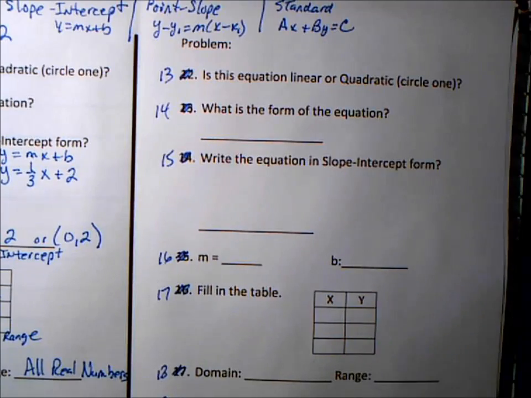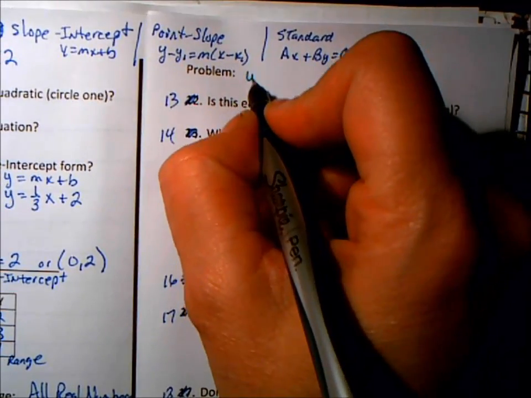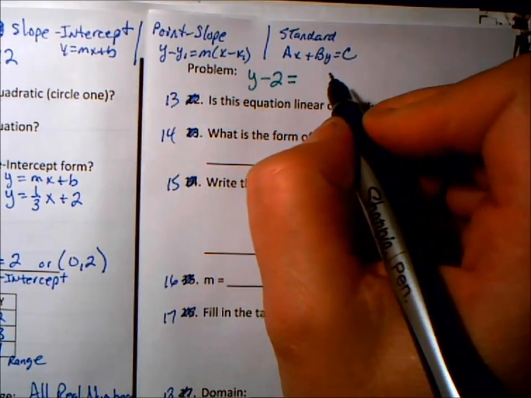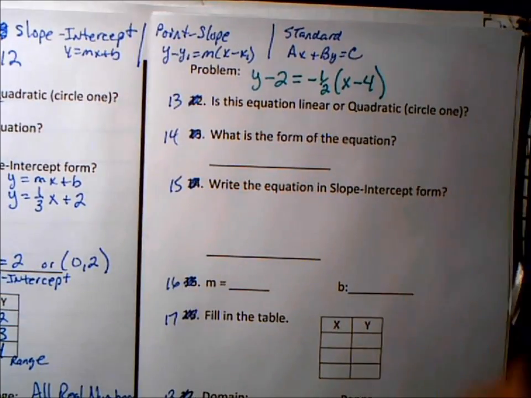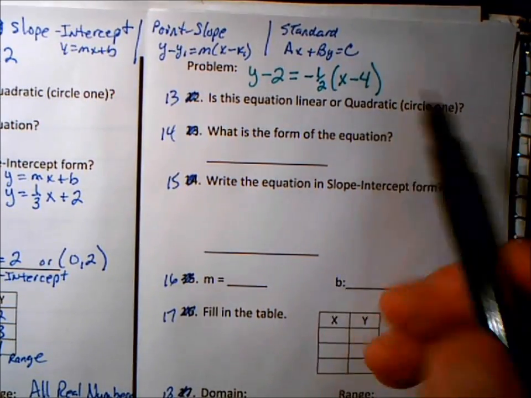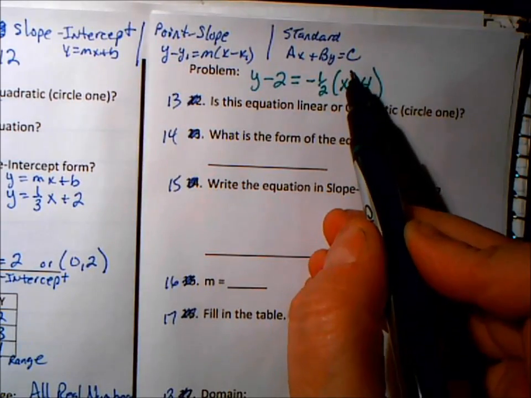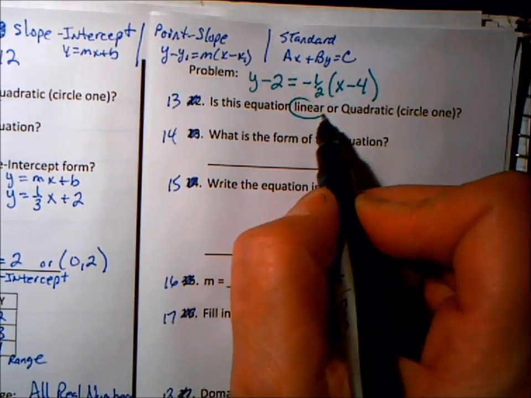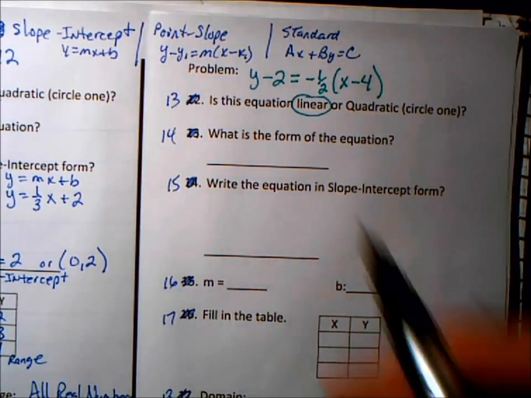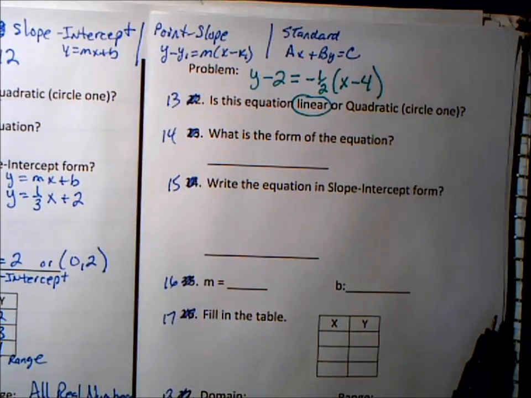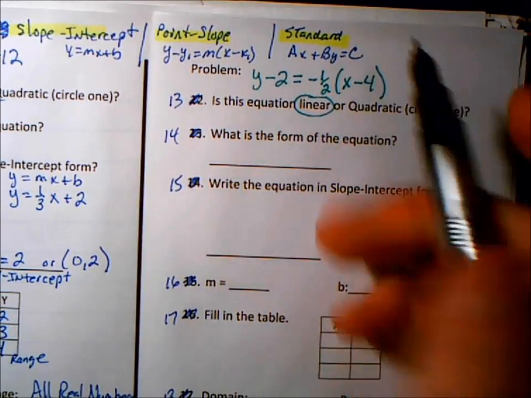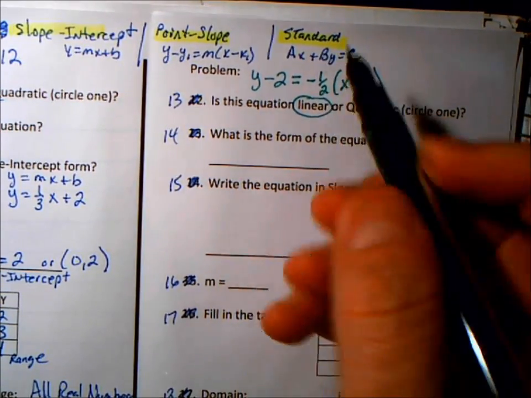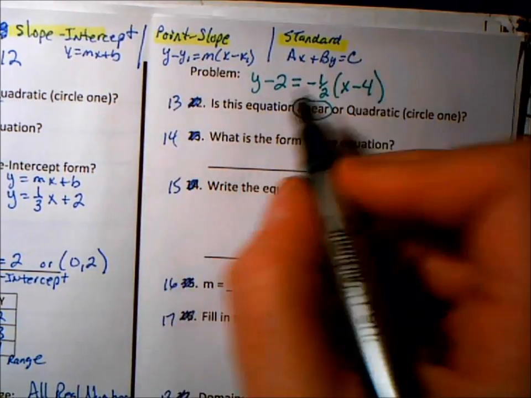The equation I have for this one, oh, I didn't write it, is y minus 2 equals negative 1/2 x minus 4. Is this linear or quadratic? If I look at all my variables, notice I only have exponents of 1. That means this has to be linear. And what form is this? Up here at the top, I have three forms: slope intercept, point slope, or standard. I notice this one has the parentheses with a fraction in front of it. The equation with parentheses is point slope.